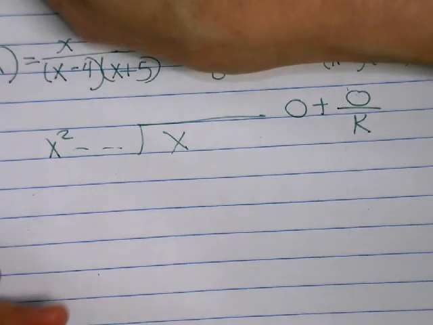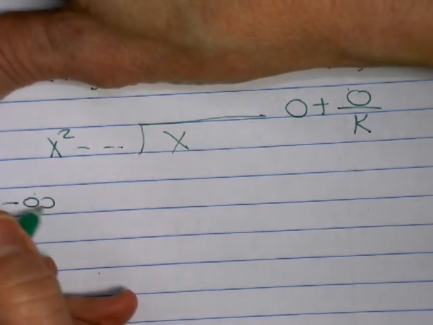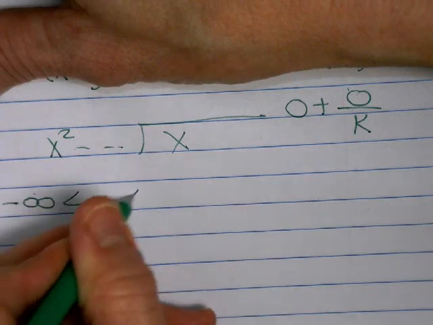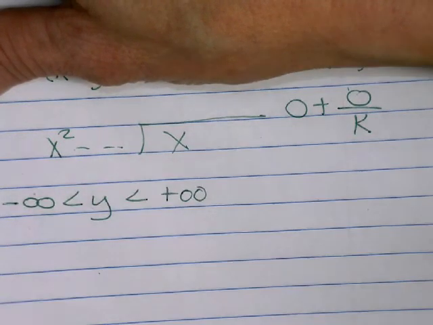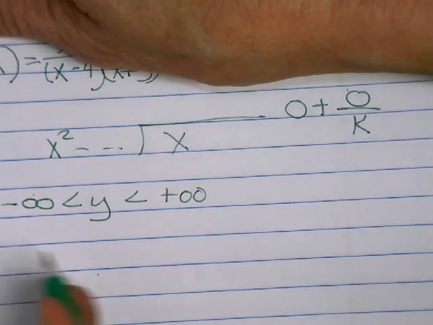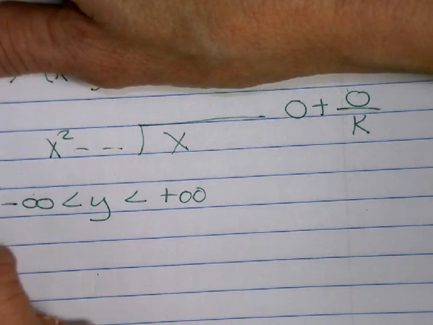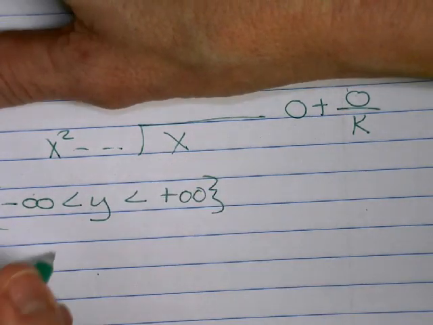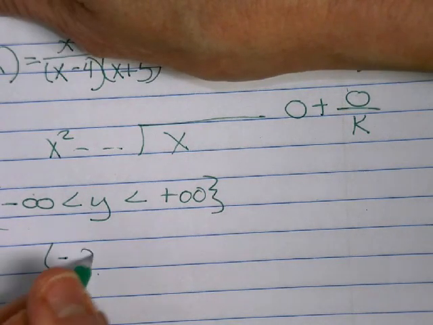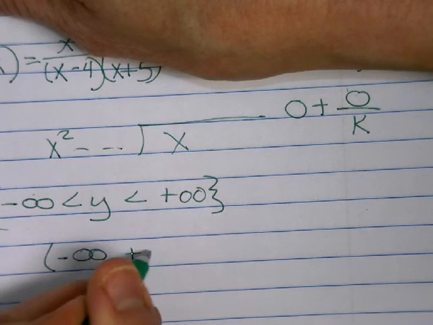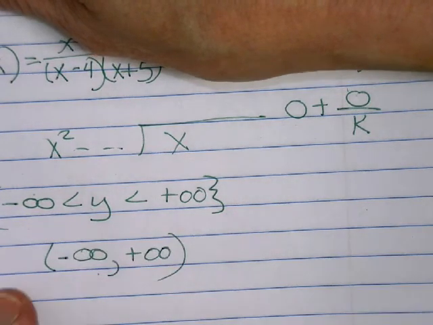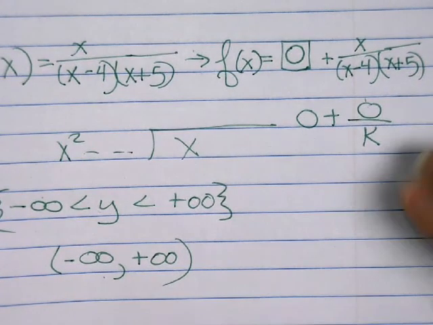Okay? So therefore, how do we write y equals anything? It can be from negative infinity to positive infinity. That's what it goes for the inequality. That's what it goes for the set notation.